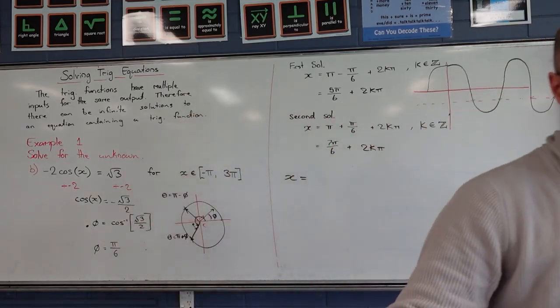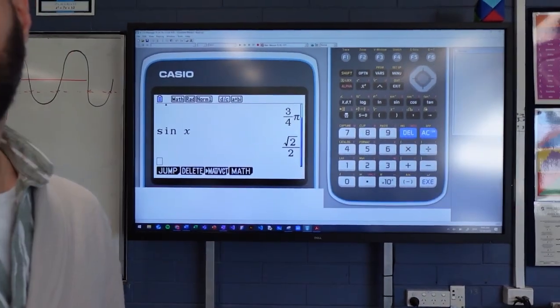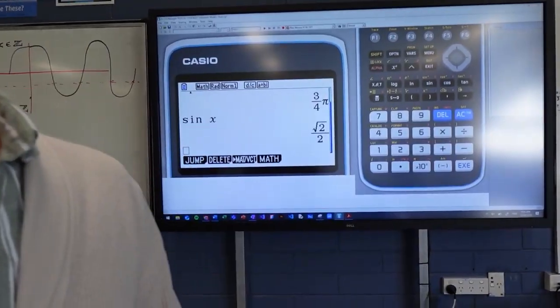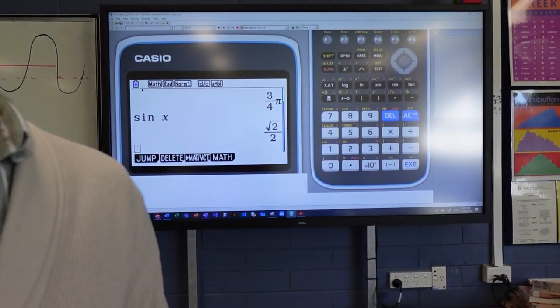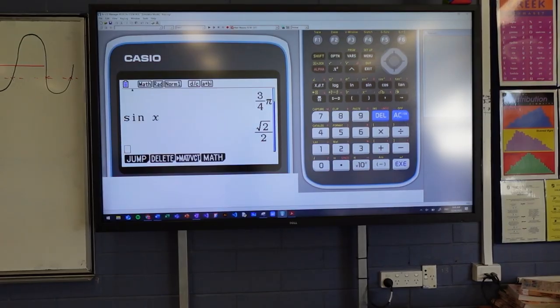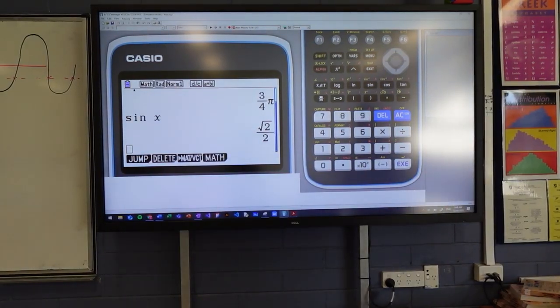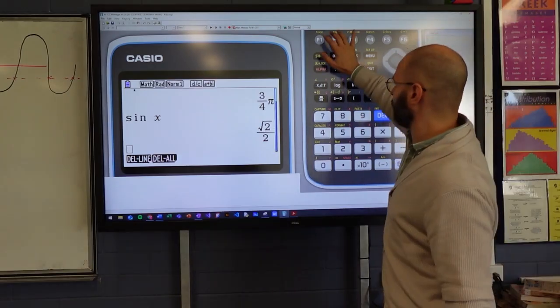So at this point, after setting this up, we use our calculators. You can do it algebraically, but I don't think it's a very sensible thing to do. And to be honest, I wouldn't like giving this as a question because you're testing someone's fraction ability, not their solving ability.